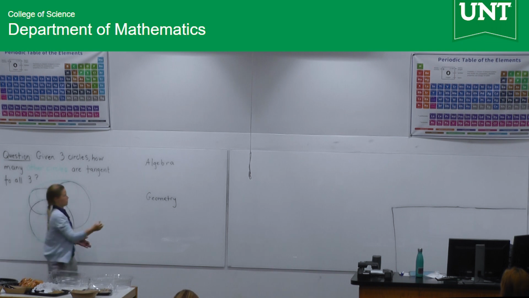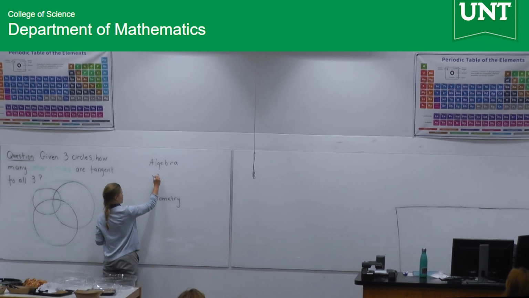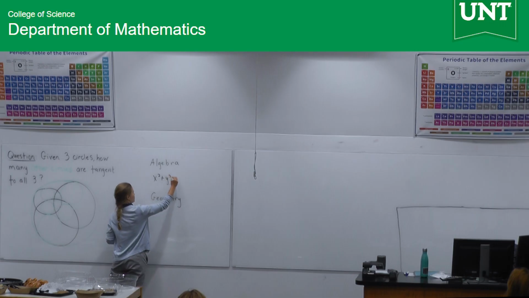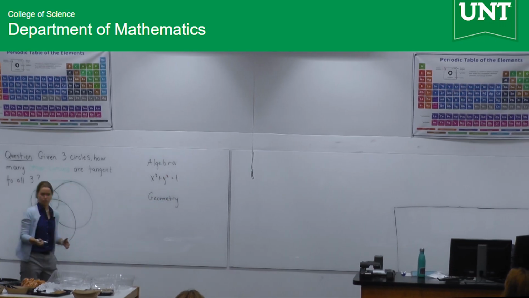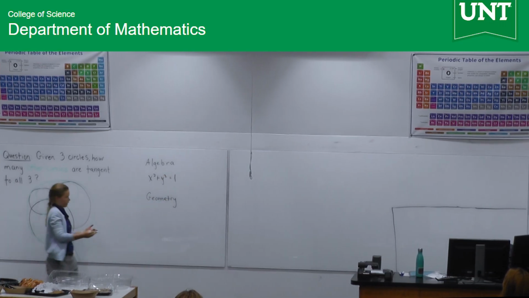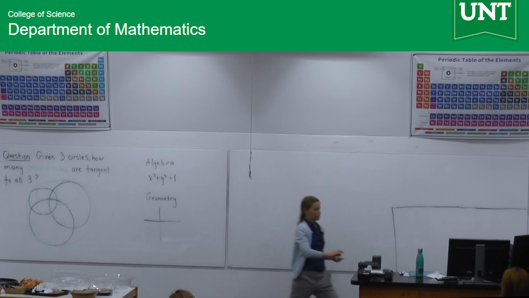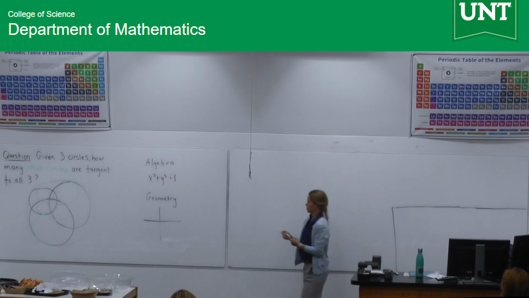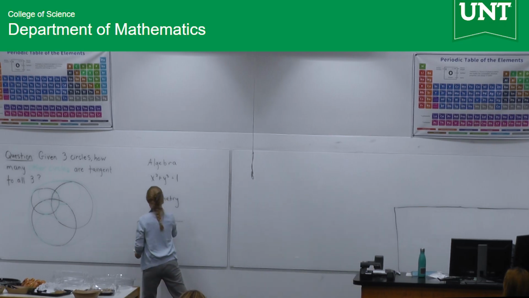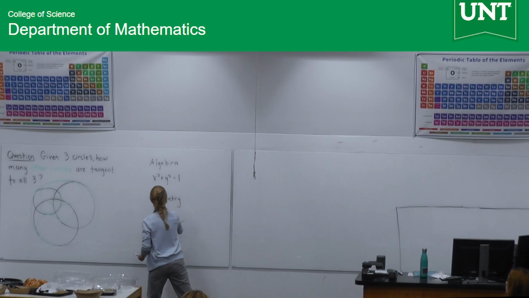An example of a polynomial equation would be x squared plus y squared equals 1. If I plot all the solutions to that equation in the plane, you'll see we get a shape. In this case, it is the unit circle.